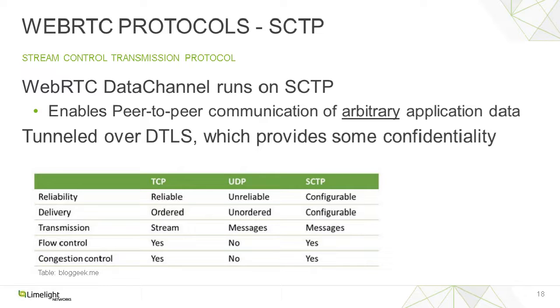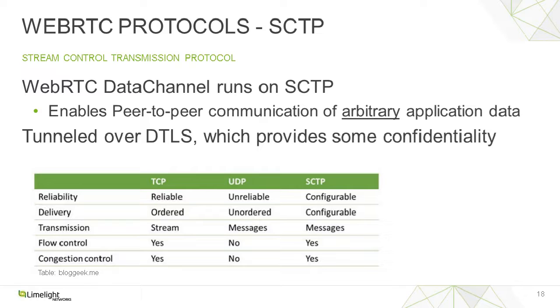The other neat thing about SCTP is it's kind of in between TCP and UDP in terms of configuration of what it does. This little table here I pulled from bloggeek.me, a really good resource for WebRTC technical information. TCP is making sure every packet has an acknowledgement, a reply saying, hey, I did get this one.